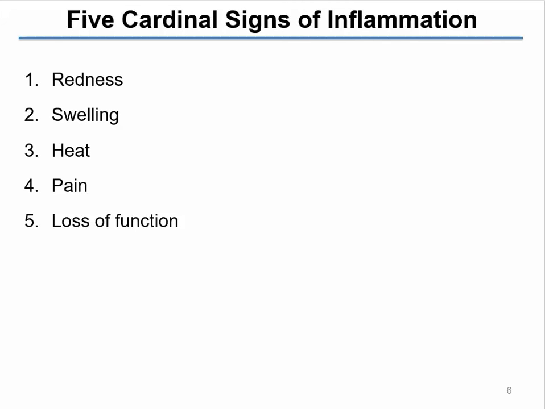When the tissue gets stretched and the nerve endings get compressed, pain is the result. And tissue that is swollen is immobilized, or if the tissue is damaged and it's not functioning properly, that's the loss of function or immobility. So, in a nutshell, PRISH.